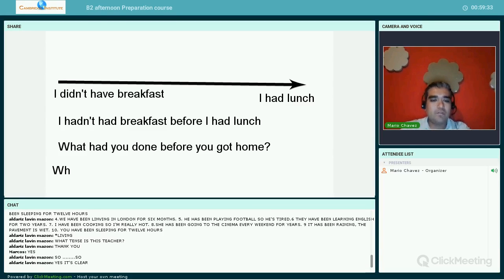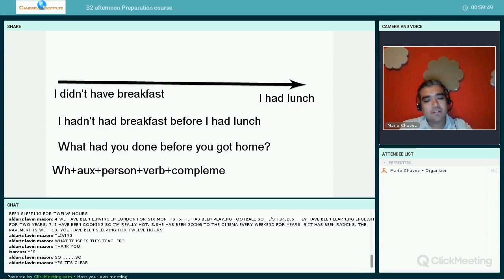As I said, WH question, auxiliary, which in this case is had, person, verb in participle, complement. In this case, the complement is a sentence in past, right? What had you done before you got home? That's the way we make it.